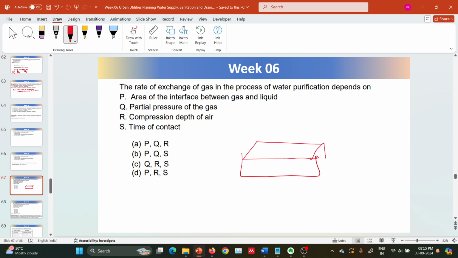It will affect the amount of gas entering, which depends on the surface area. Partial pressure of the gas, yes. Time of contact is also required. Compression depth is not. Let's check.